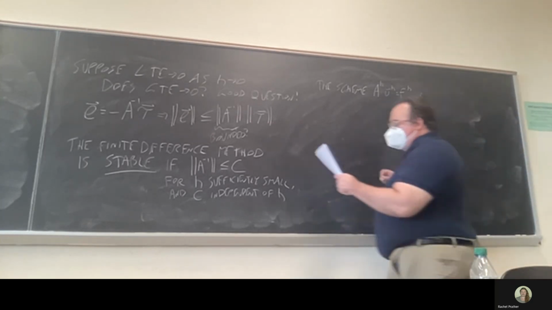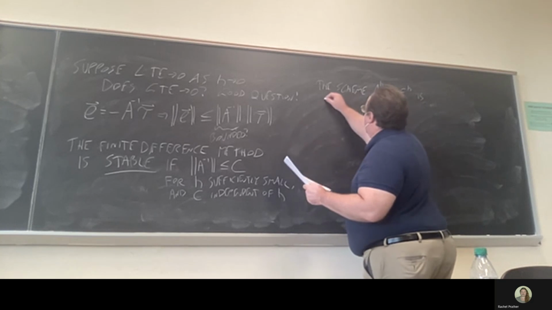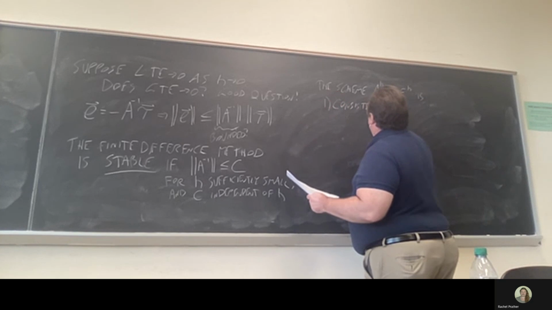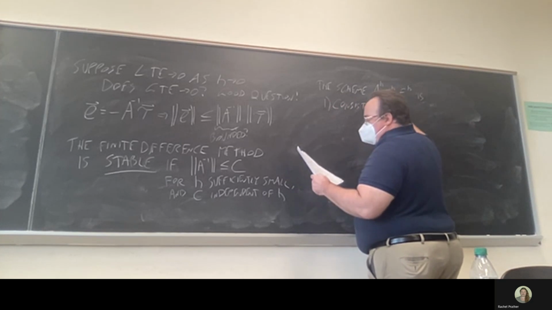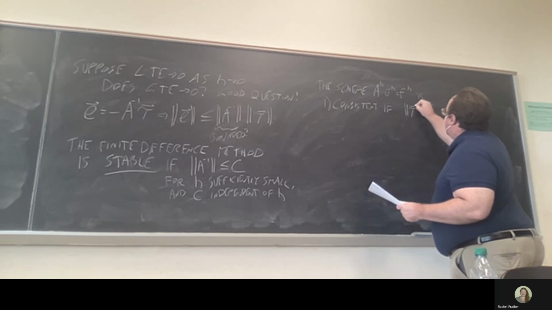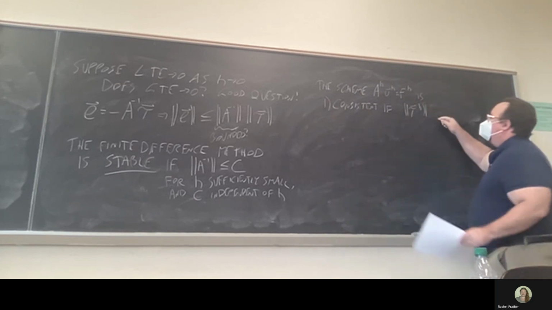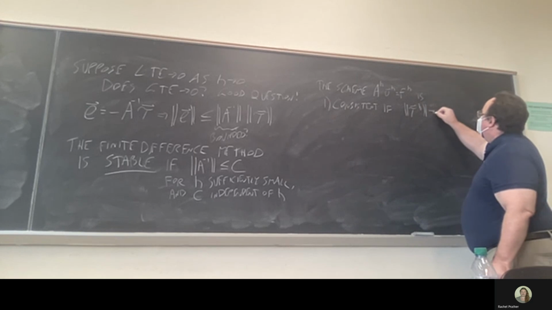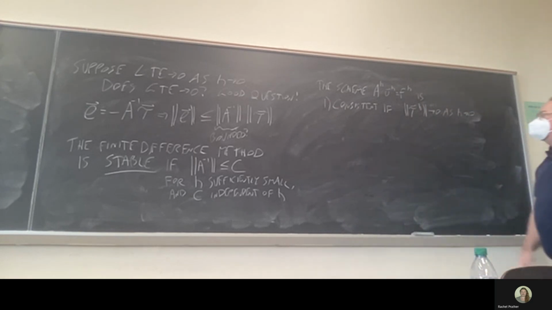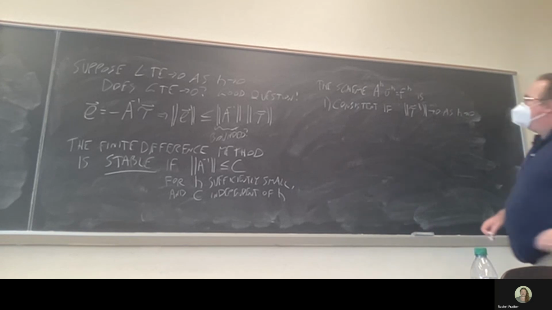It is consistent if the local truncation error from this spacing h goes to 0 as h goes to 0. So that's if local truncation error behaves the way it should.